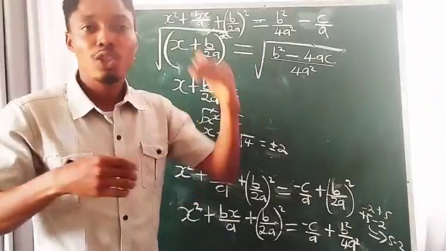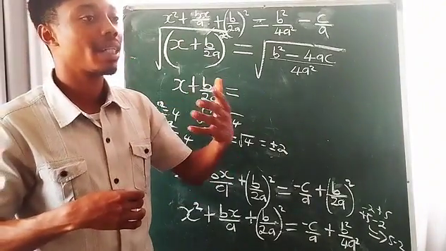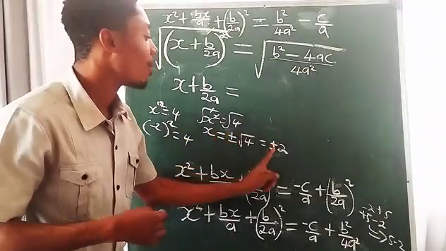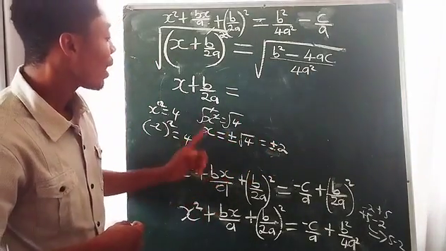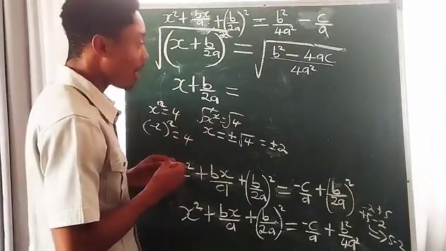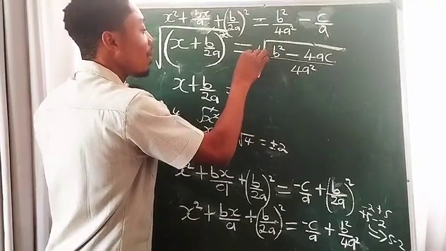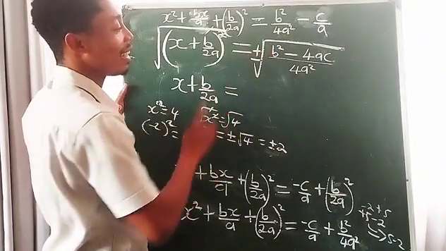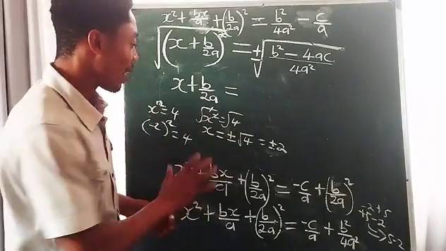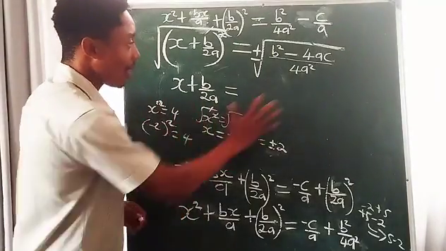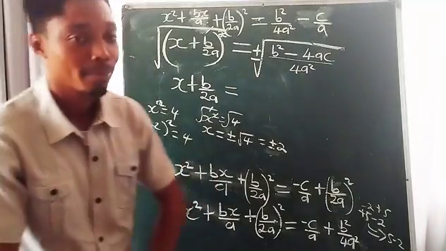So taking the square root of an expression can give you a positive or a negative answer. That is why it is important that we include a positive or negative sign there. I believe saying this will make it clear.